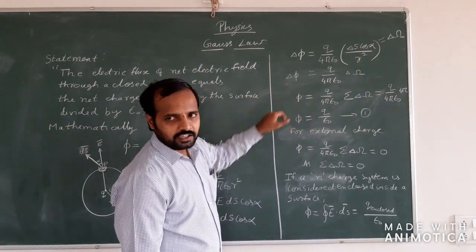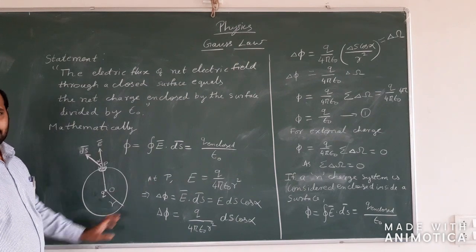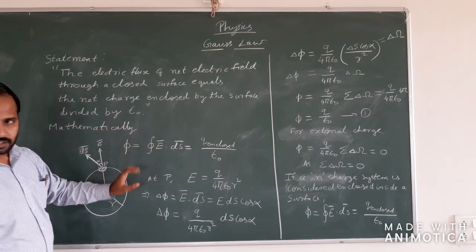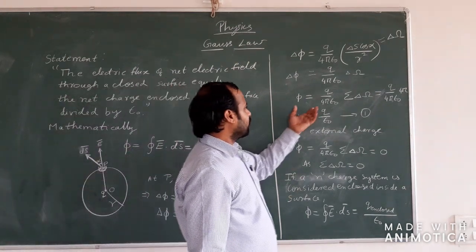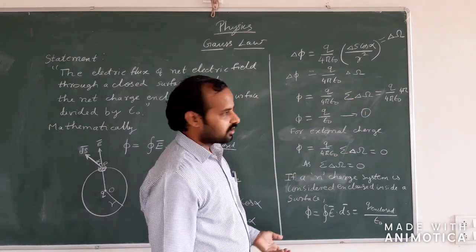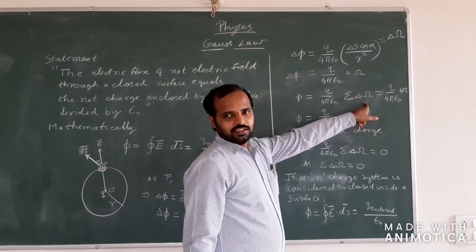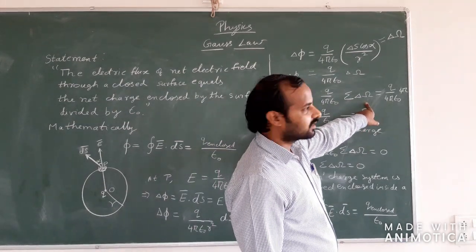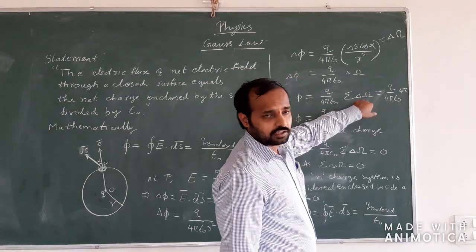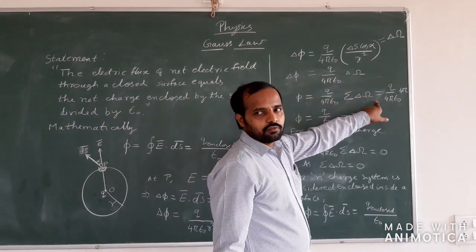To find the total flux over the whole enclosure, we take the summation. q is the total charge and 1 by 4 pi epsilon naught is a constant, so we take the summation of delta omega, as it is the only variable. So phi equals q by 4 pi epsilon naught summation of omega.